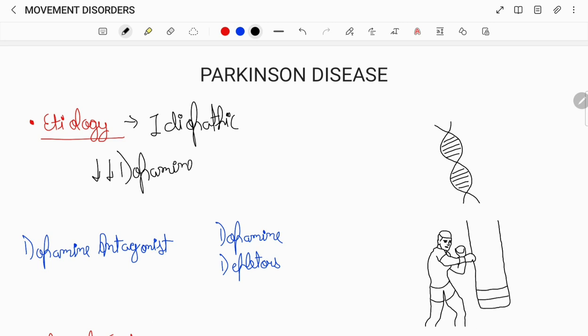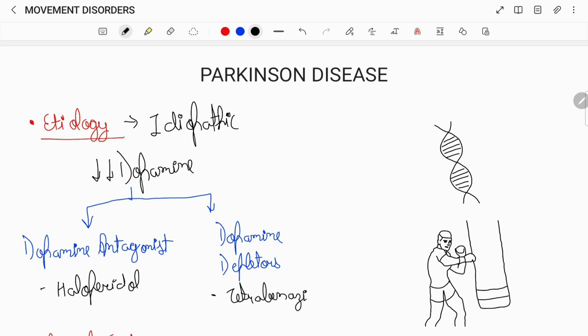So, some causes for reduced dopamine levels may be, number one, the patient may be taking drugs which are actually dopamine antagonists. For example, he may be on haloperidol. Number two, the patient may be taking drugs which are actually dopamine depleters, for example, tetrabenazine.